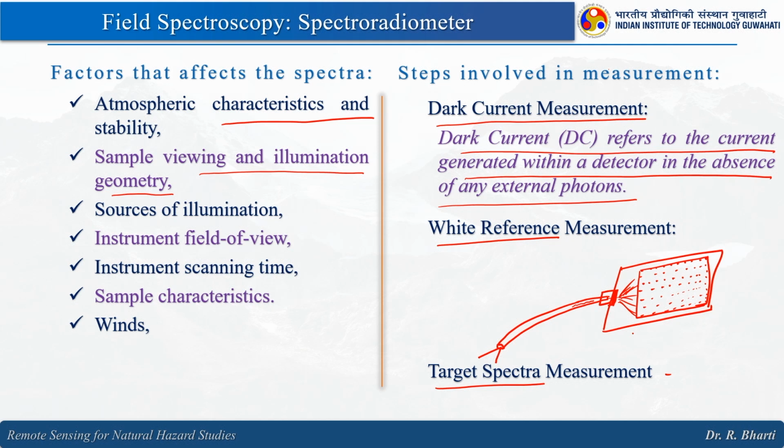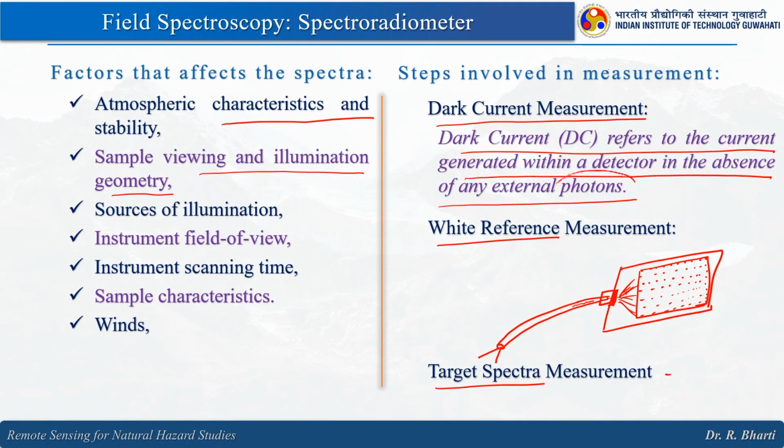In general, when you turn on any electronic device, the instrument gets heated, and once you have heat generation, you will have photons. That is additional information coming from the sensor itself, and we need to subtract it from the measurement of irradiance and radiance.